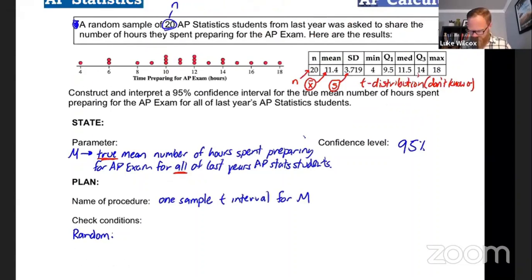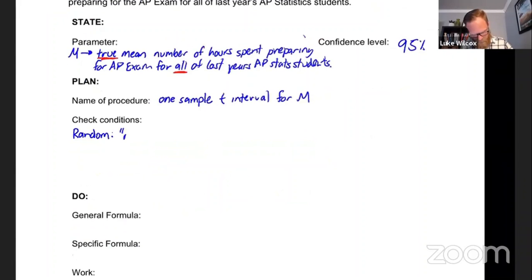So I'm just going to steal the words right from the question, which tells me that we have a random sample of 20 AP Stats students. Now, the reason why this is important, I call this the so what. We need a random sample so that it is representative of the population so that we can generalize our results to the population, right? That's the value of having a random sample.